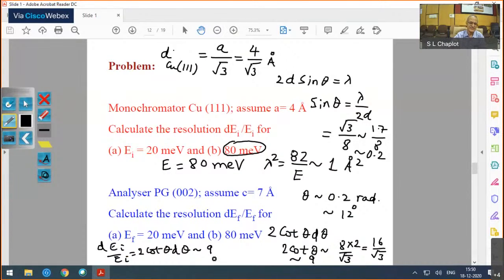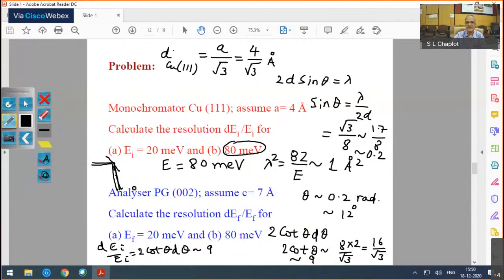Now, how much is d theta? The typical value of d theta is the angular divergence of my beam. What it really means is that if you have a crystal and you take an incident beam and the reflected beam, there is always a certain angular resolution involved, from various reasons. So d theta is typically 1 degree.